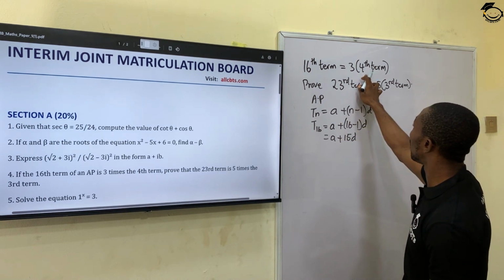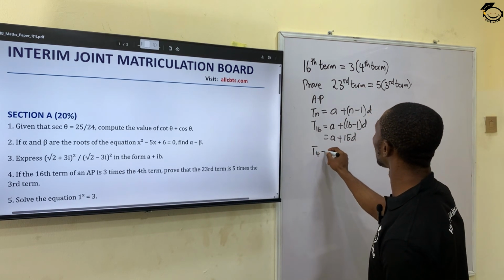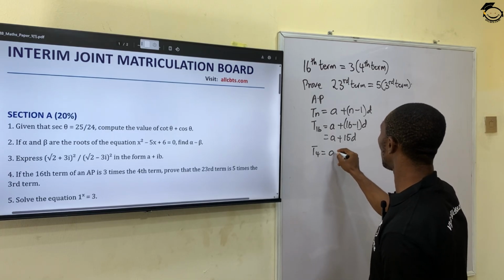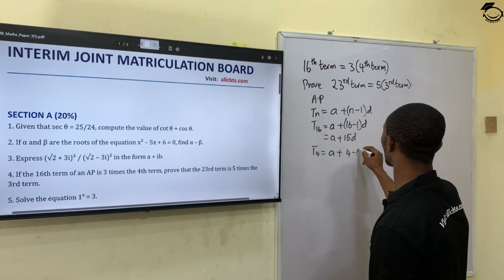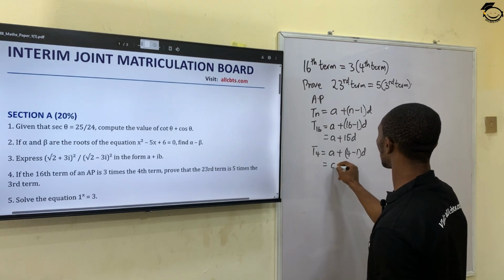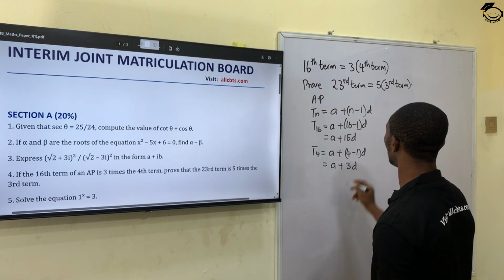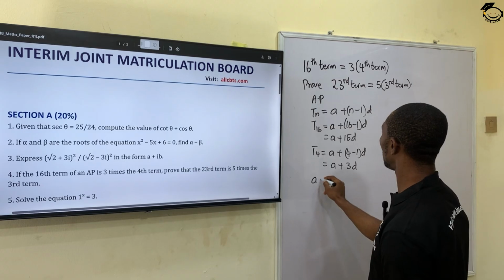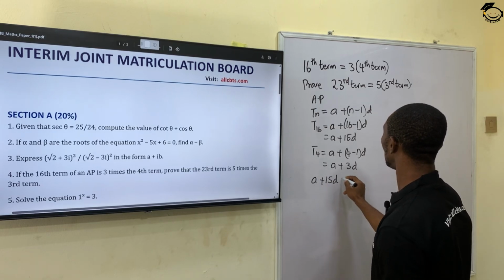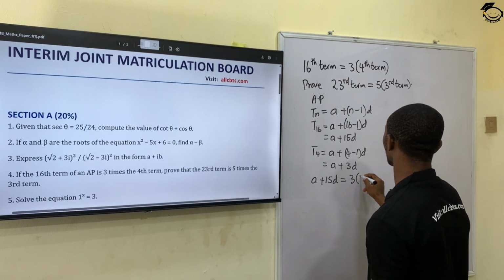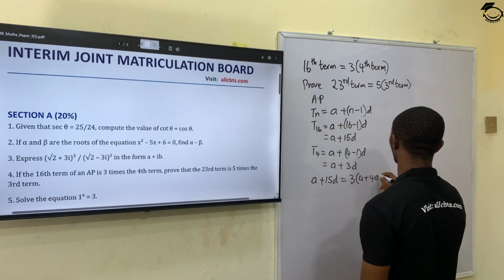And our fourth term, T4, would be A plus 4 minus 1 D, which will give us A plus 3D.